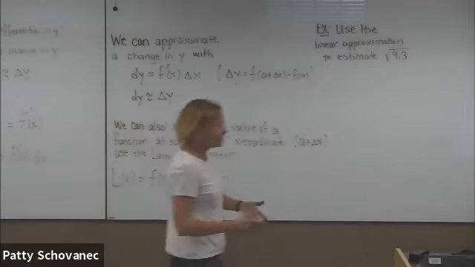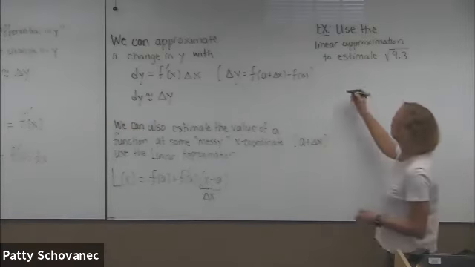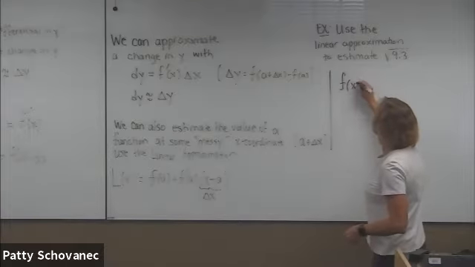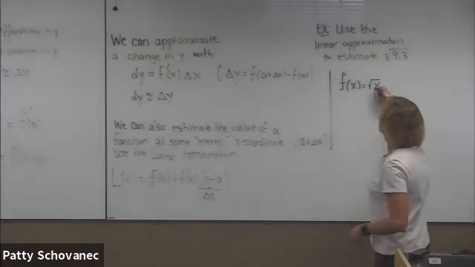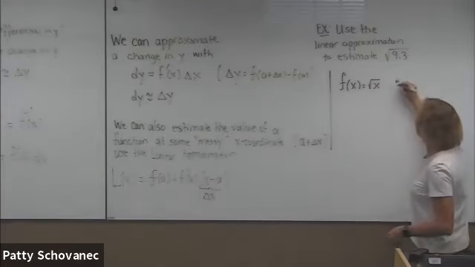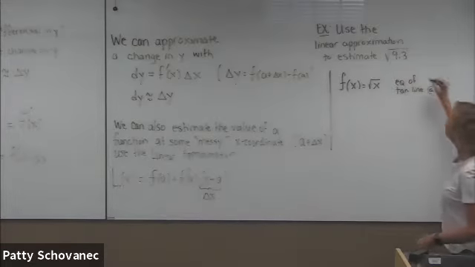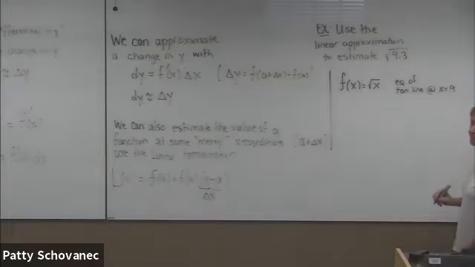So let's do this in general. Let's take away the numbers and let's define f of x to be the square root of x. We're going to write the equation of the tangent line to f at x is 9. So let's take the derivative.